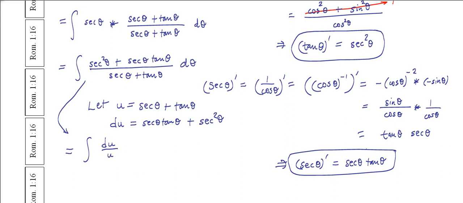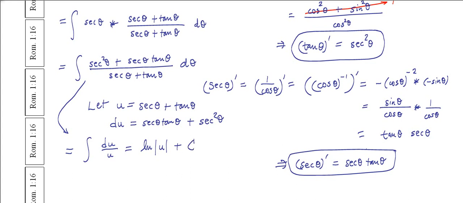So the complicated-looking integral of secant theta times secant theta plus tan theta over secant theta plus tan theta reduces to the integral of du over u, and we recognize immediately that this is the natural log of the absolute value of u, plus a constant of integration, c.